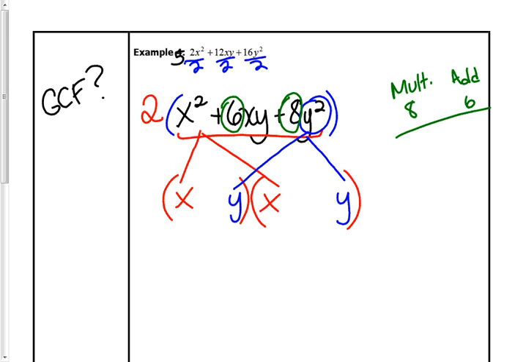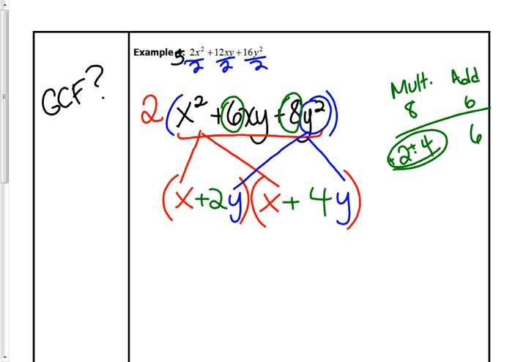And I do. If I did 2 times 4, right? 2 times 4 is 8, and 2 plus 4 is 6. So the 2 and the 4 would work out, and they would both be positive. So the way I would factor this one is the 2 and the 4 just get written here. So this becomes x plus 2y and x plus 4y. So if there is a variable at the end, like this y squared was, it doesn't make it any different.